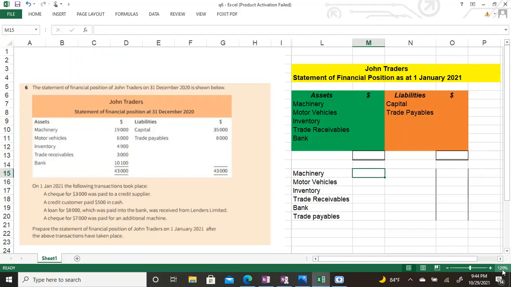Now, in order to solve this question, first of all, you need to write the name of the business. So John Traders, statement of financial position as at 1st January 2021.